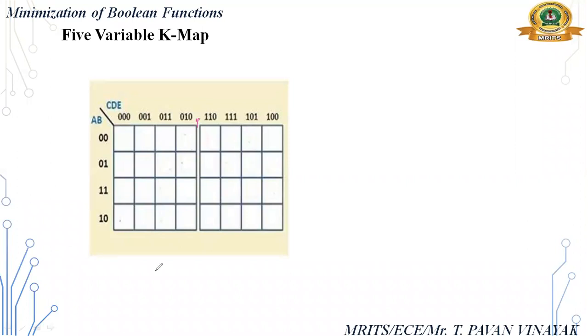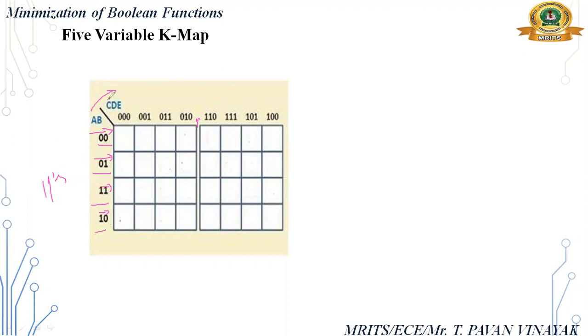Let us first consider the order A, B, C, D, E. Now A, B means two variables, so we get four combinations: zeroth row, first row, second row, third row. Zeroth row is denoted with 0, 0. First row 0, 1. Second row 1, 1. Why 1, 1? 1, 1 is the gray code of 2. Remember. Next 1, 0.